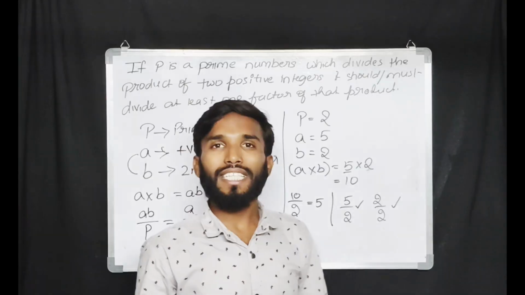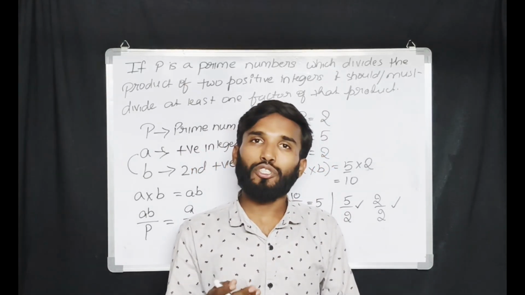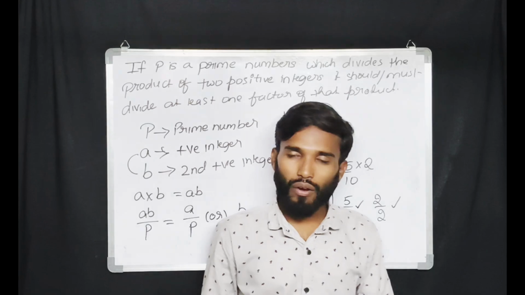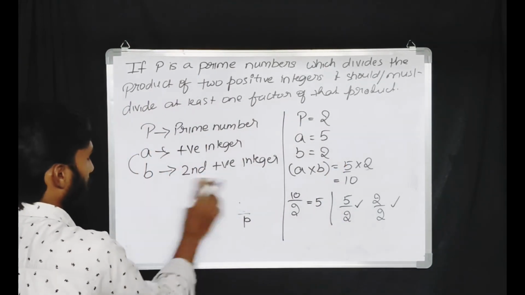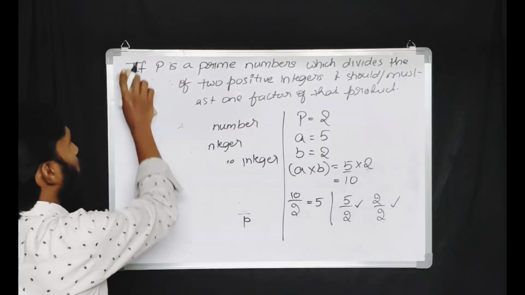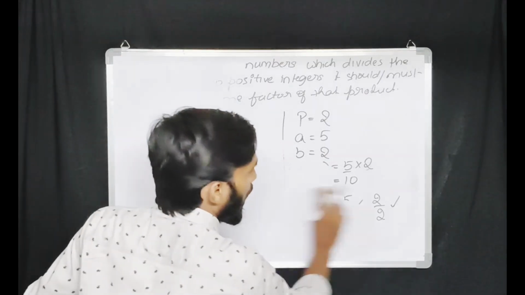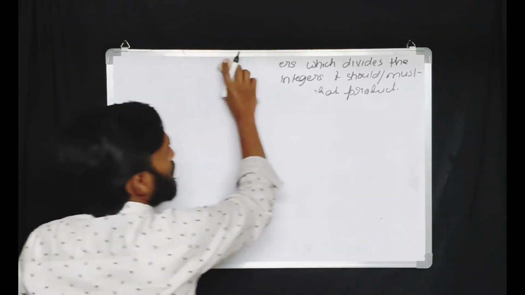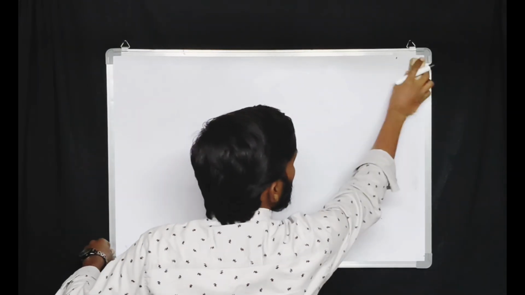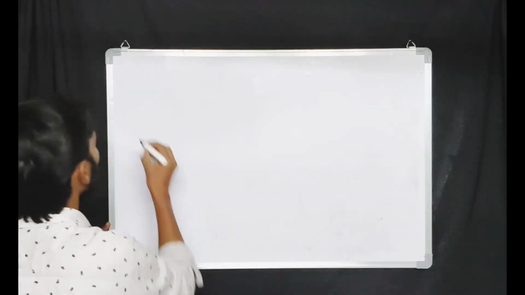This knowledge we are going to use to prove the theorem which we are going to do now. What is the theorem? In chapter real numbers of class 10, we have a theorem. It states: if P is a prime number and P divides A square, then P divides A also.